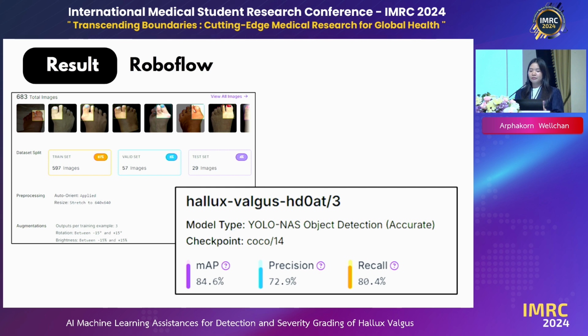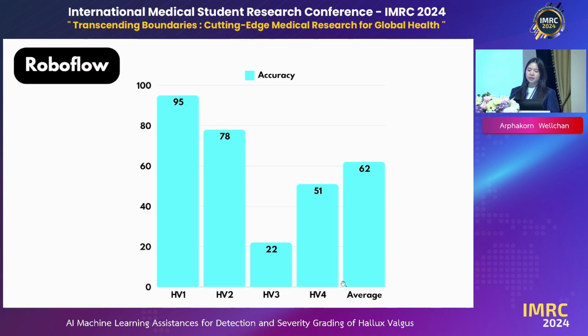For the results, with RoboFlow, we can see that the precision of this model is 72.9% and the recall is 80.4%. For the accuracy, there are a total of 4 classes for the severity of the deformity. We can see that for the very first class, the mild one, the AI has done a very good job in detecting.